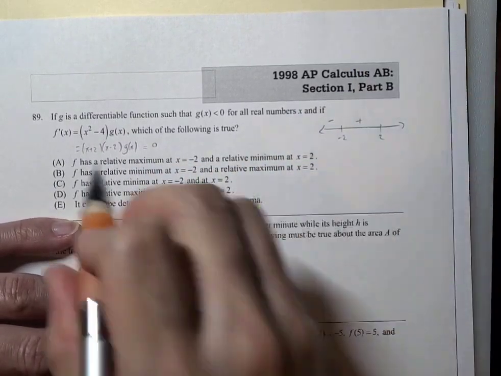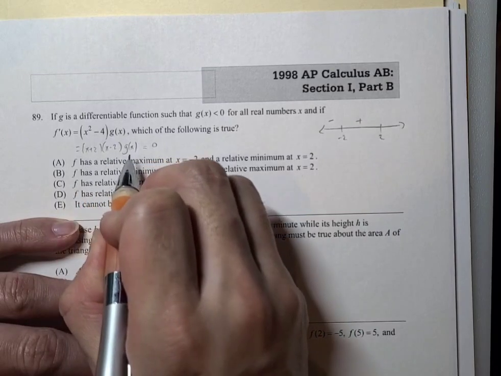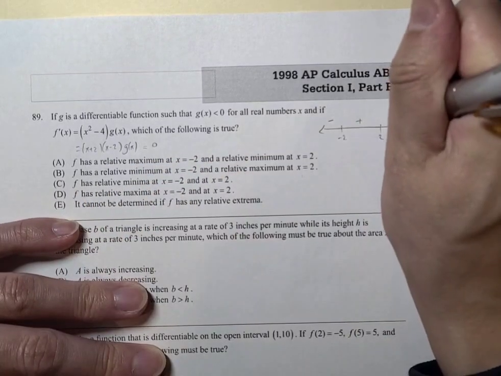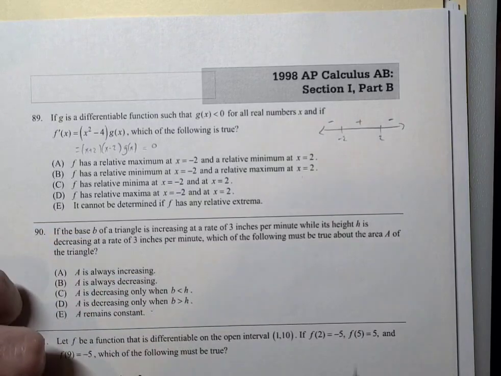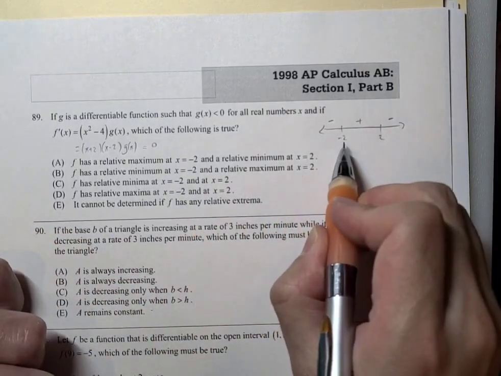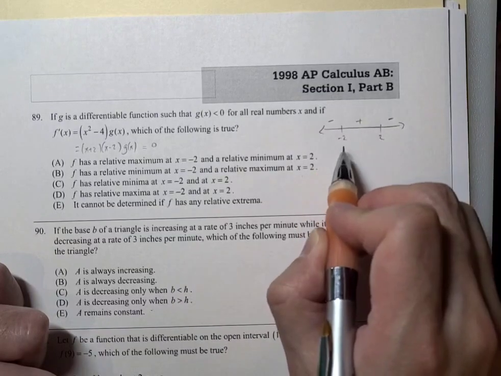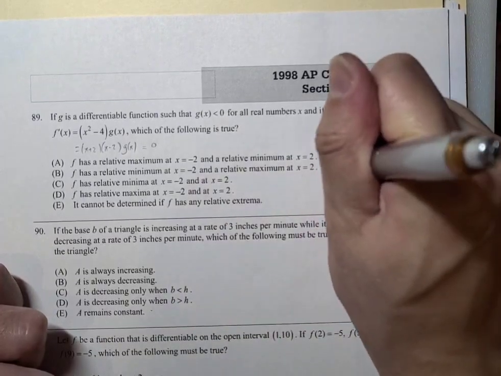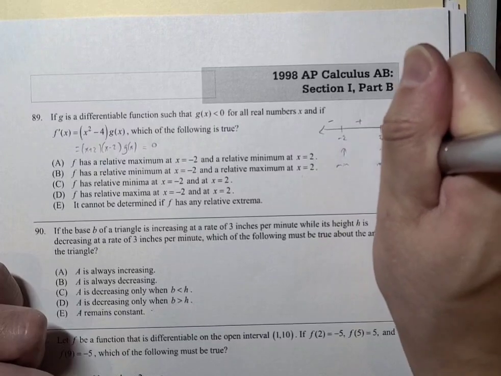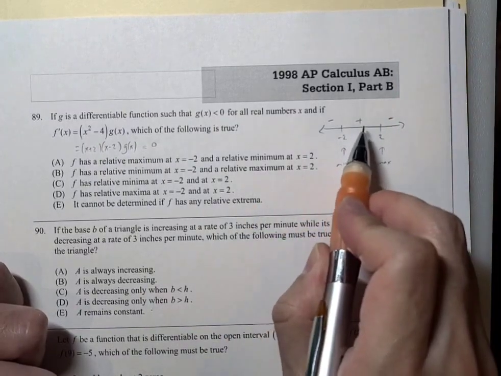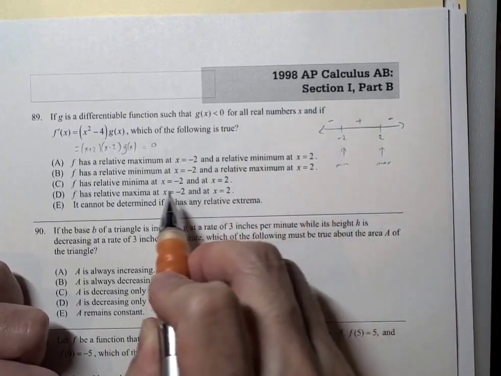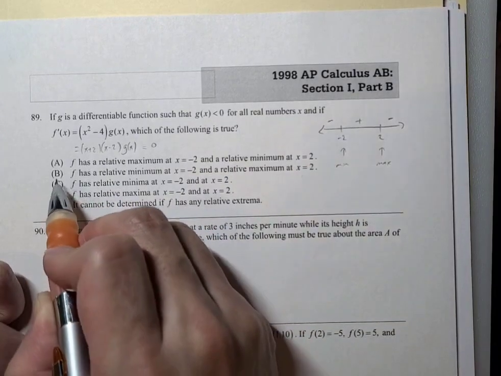Plug in a huge positive number, this will be positive, this would be positive, this is always negative, so the sign is negative, okay? So we see that, since this is the sign of f prime, since it went from negative to positive, there's a relative min here, and there's a relative max here, because it went from positive to negative. So that looks like B.